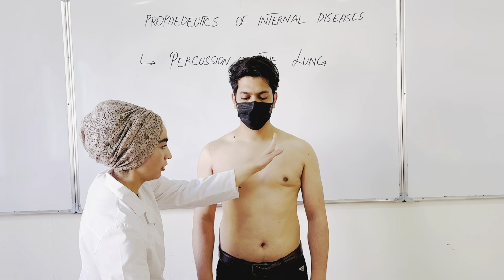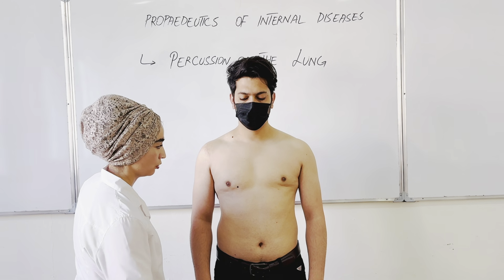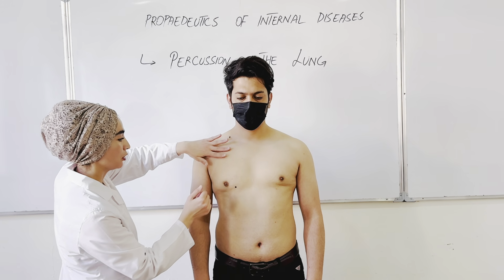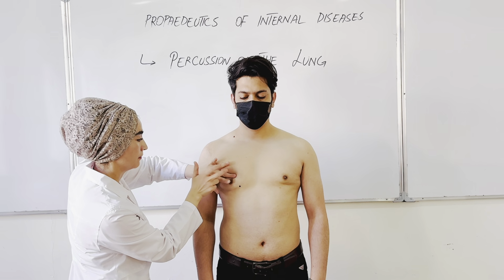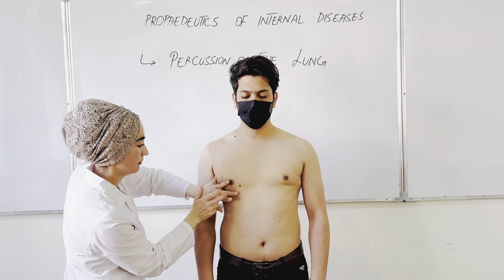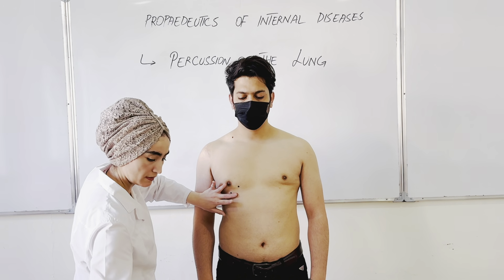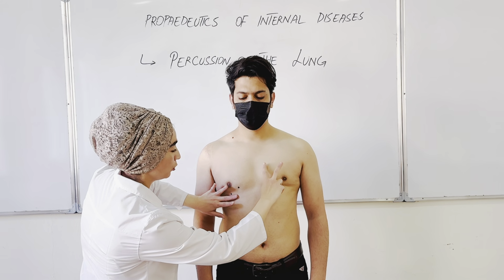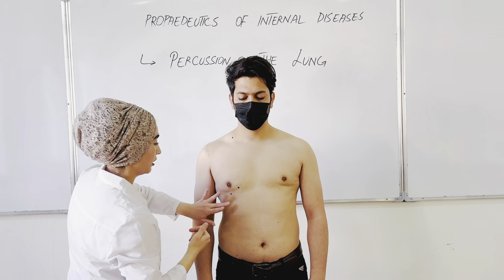On the left side, on this line, we do not do percussion because of the heart. Mid-clavicular line: here is dull sound, 6th intercostal space. On the left side, we do not check this line. Two lines we do not check on the left: parasternal line and mid-clavicular line.